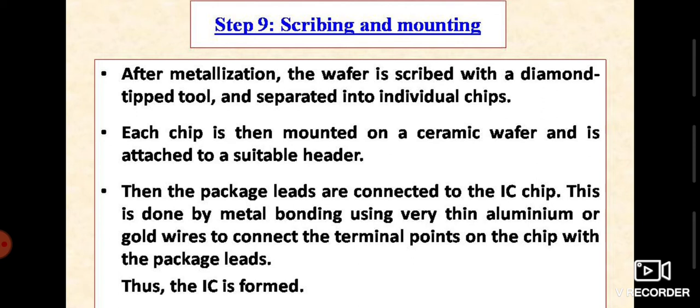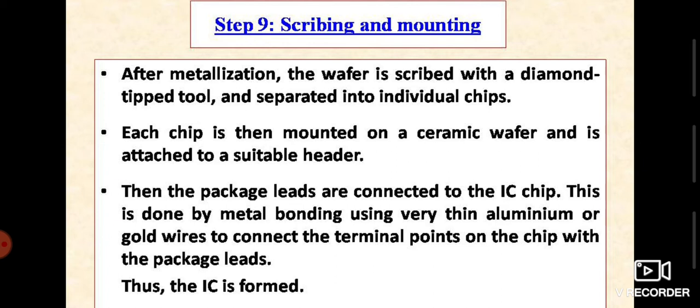So we have to separate individual chips by using a diamond tipped tool. Each chip is then mounted on a ceramic wafer and attached to a suitable header.